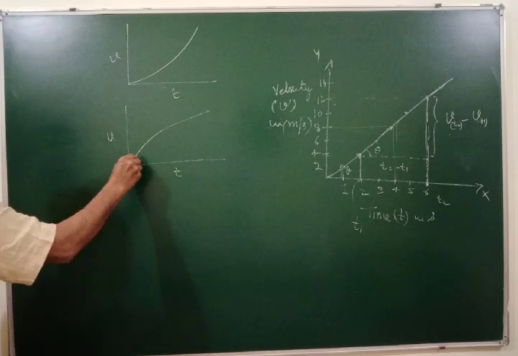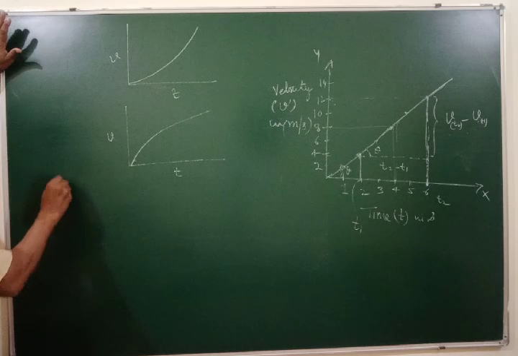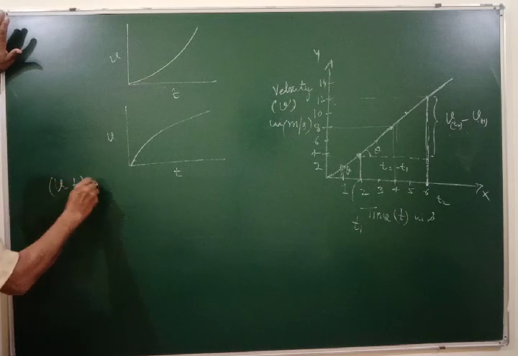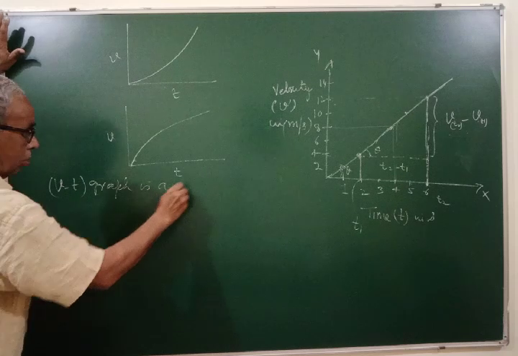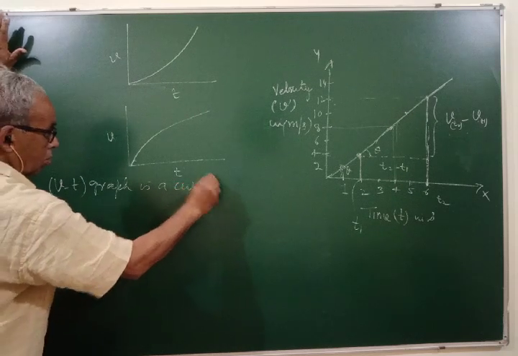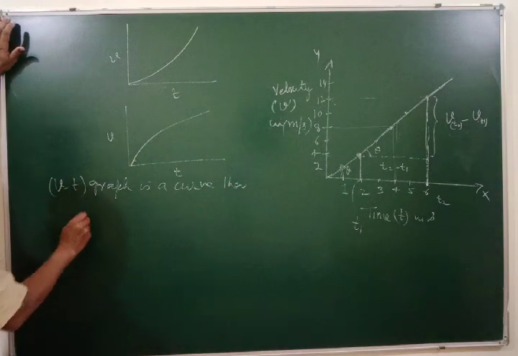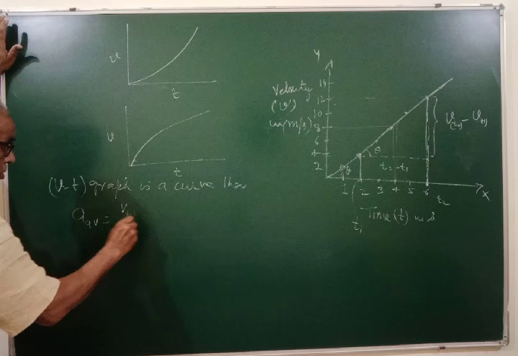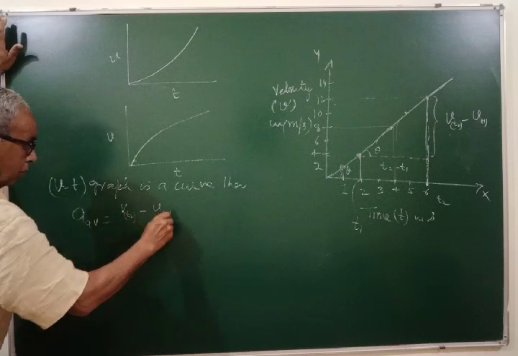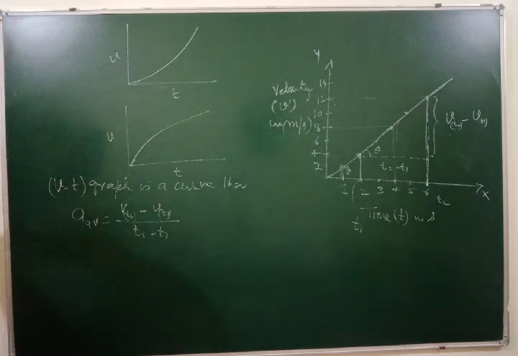Then if the Vt graph is a curve, average acceleration, a average, is again Vt2 minus Vt1 upon T2 minus T1.